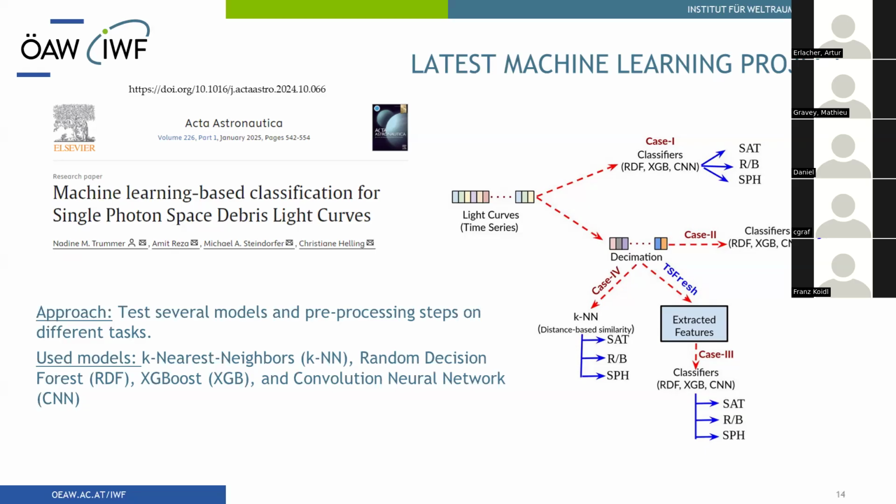So here you see our approach in general, and I want to follow this branch to the decimation. This means we downsampled the data for performance reasons. And here we tried a pre-processing step called feature extraction. As it turns out, this branch led to the best results.